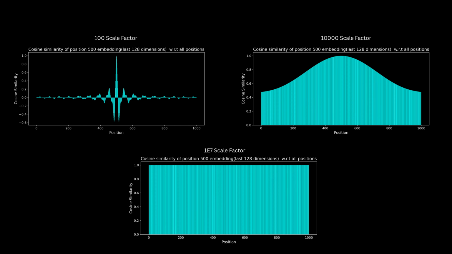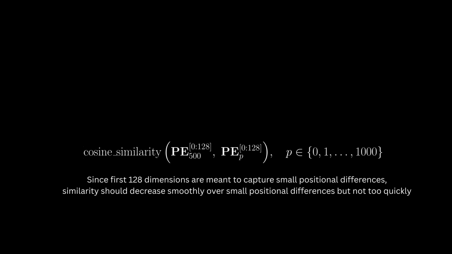Now, what about local positional differences? Since the frequency of oscillation decreases as dimensions increase, to understand how well the encoding captures local differences, we can look at the cosine similarity values of the first 128 dimensions. These dimensions should decorrelate quickly for significant positional shifts.